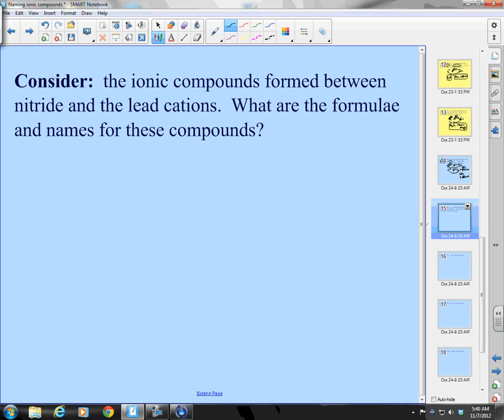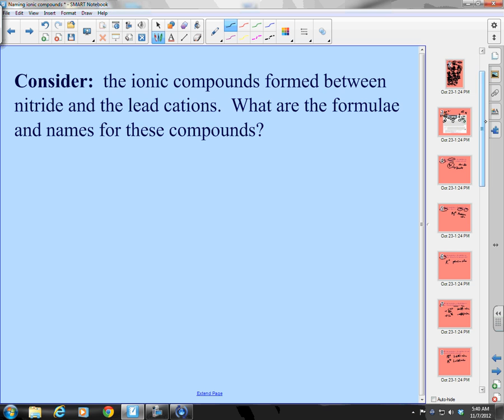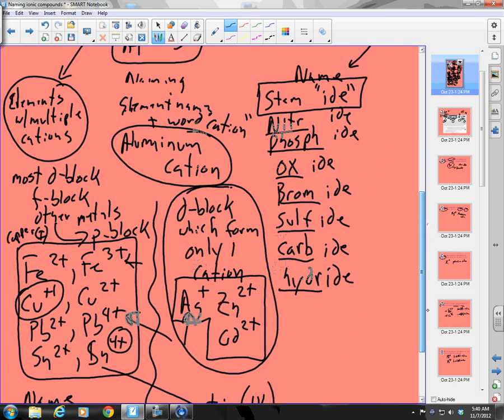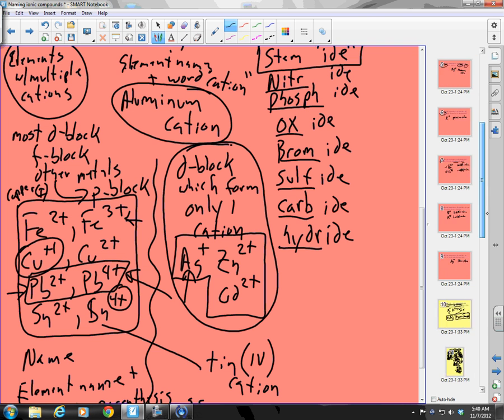Good. Here you go then. The ionic compounds formed between nitride and lead cations. Give that a shot. Pause and bring me back when you're done. Well, if you recall from our notes in the last lecture, we said that lead forms a +2 and a +4.